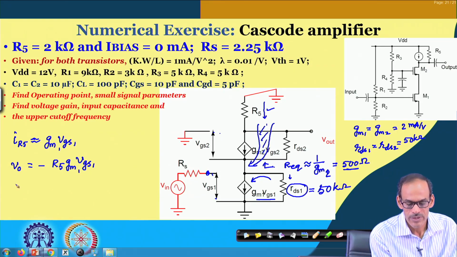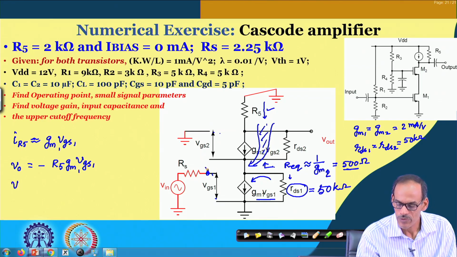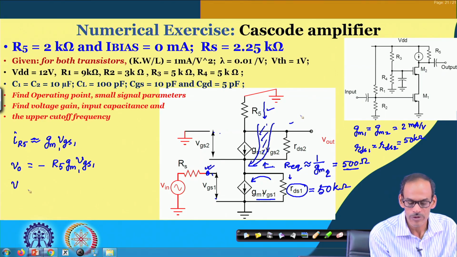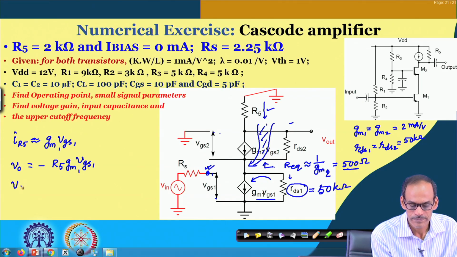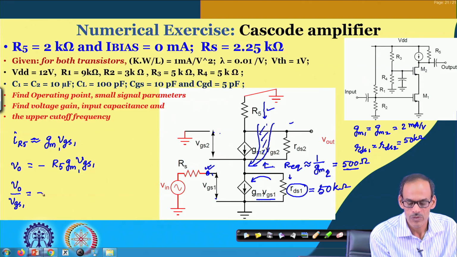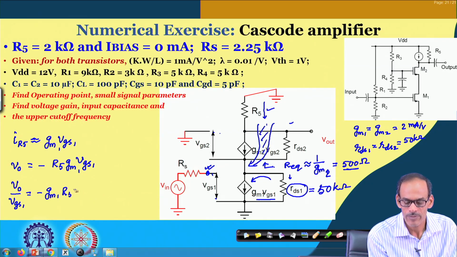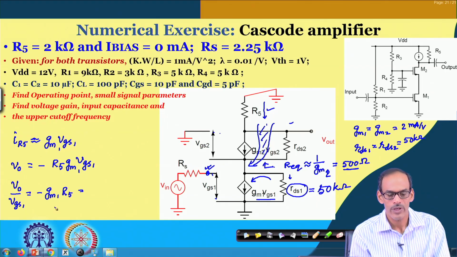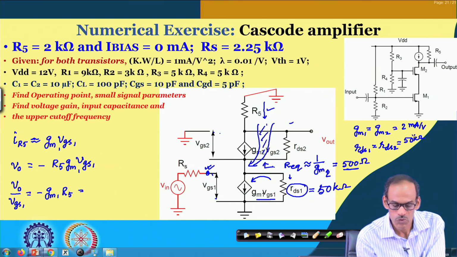So that gives us the gain from the gate to the output. It is VO divided by VGS1 equals minus gm1 times R5, and gm1 we have obtained as 2 milliampere per volt.